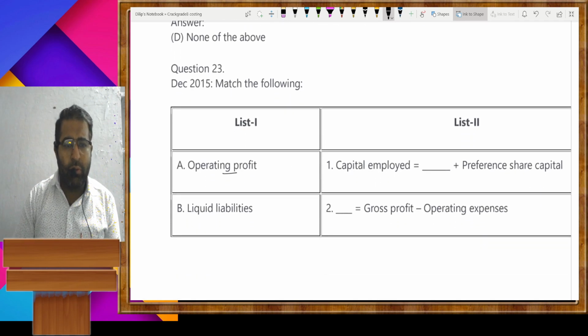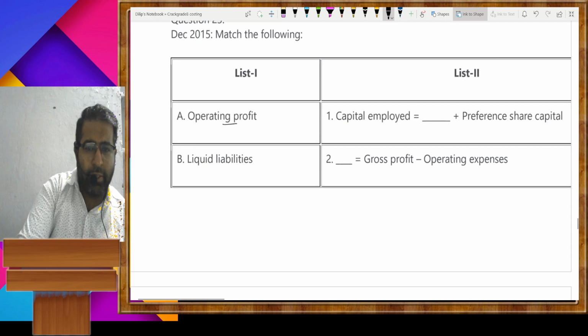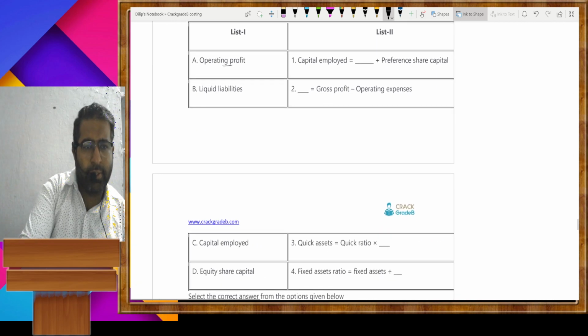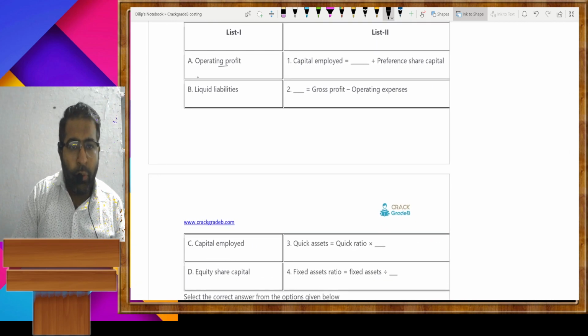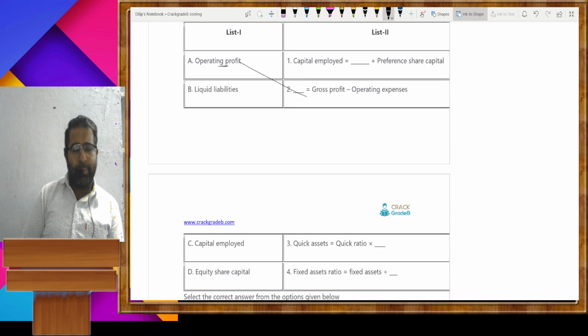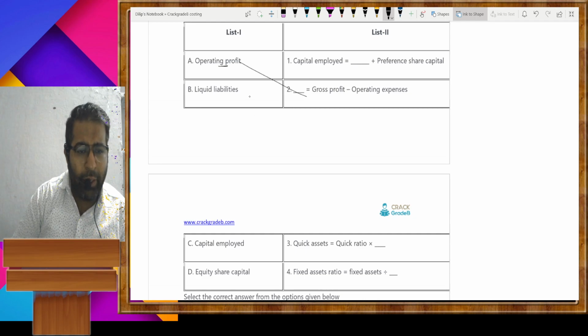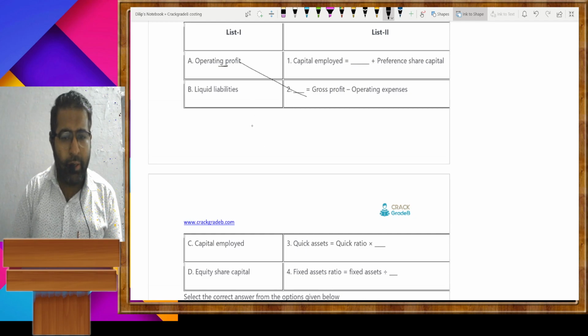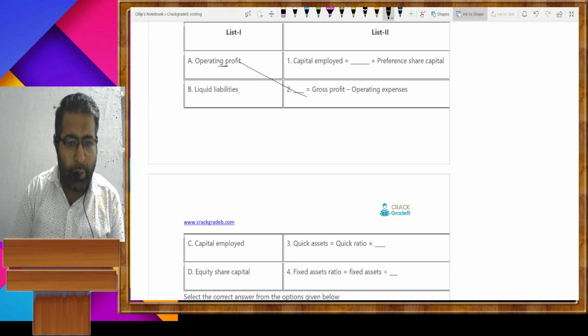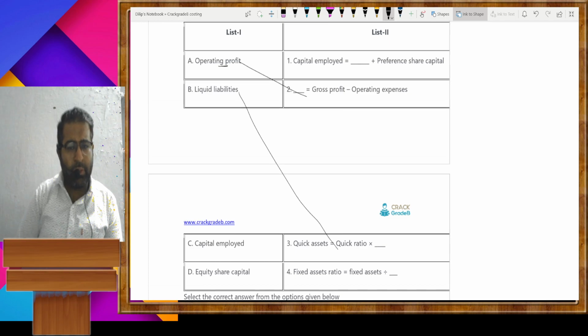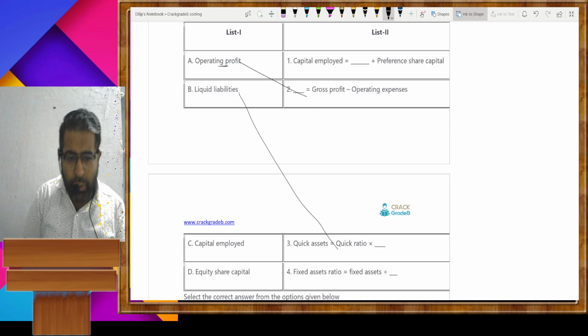Operating profit, okay, match the following. Operating profit is gross profit minus operating expenses, right? Liquid liabilities, tell me. Quick assets equals quick ratio multiplied or divided by current liabilities. Okay.